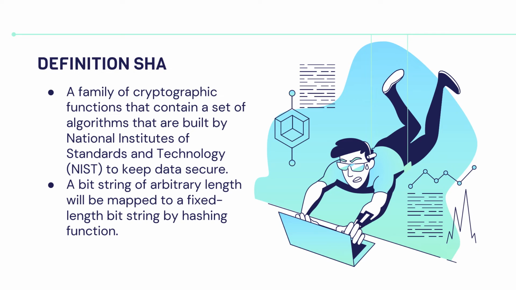Regarding the NIST Special Publication 800-56B Revision 1, a bit string of arbitrary length will be mapped to a fixed length bit string by a hashing function. These algorithms are one-way functions, which makes it impossible to convert the hash values back into the original data.